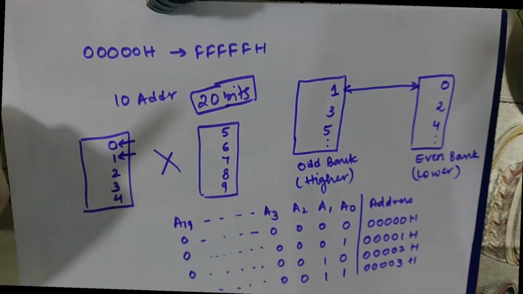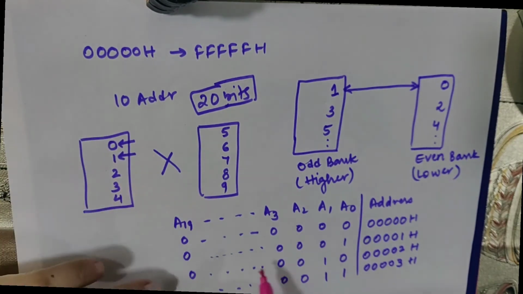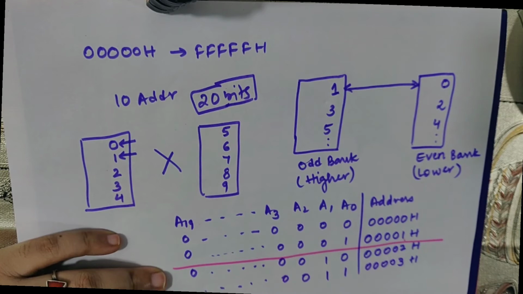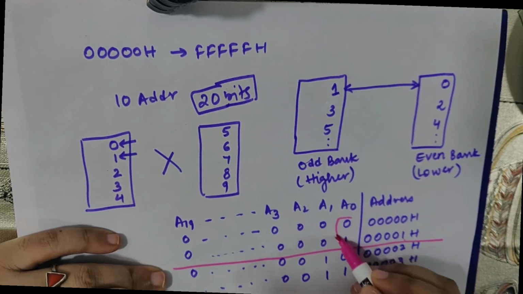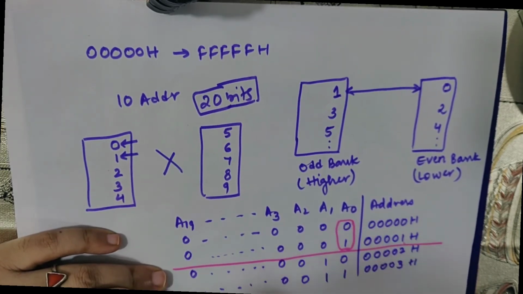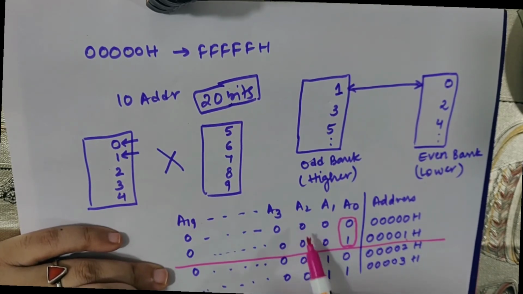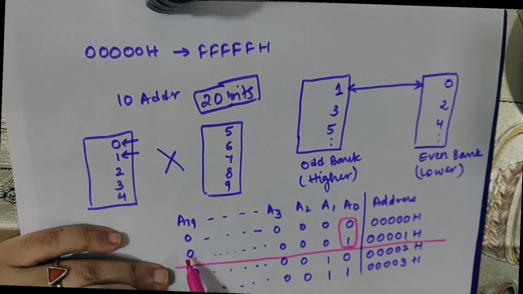Now if I see the binary pattern of 0 and 1, then the A0 bit is different, but the A1 bit is the same for both addresses, A2 bit is also the same, A3 bit is also the same, similarly up to A19 all the bits are the same.